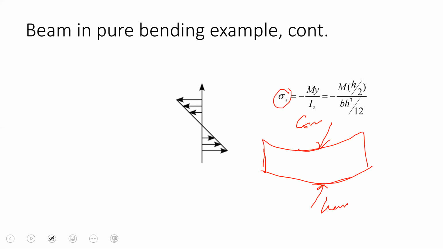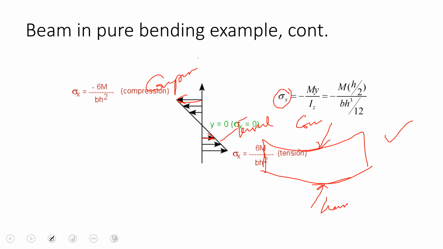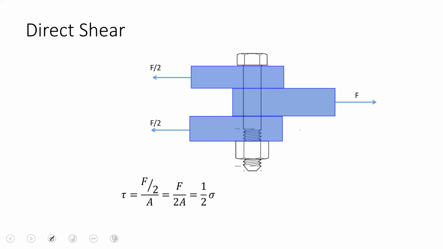So if we draw the distribution of the stresses, these are the negative ones, these are the positive ones. So these are the tensile ones, and these are the compressive distribution of the stresses in this particular case. This is what we have already discussed. This is the compression face and this is the tension face for this positive bending. It will be opposite if it is the negative one.